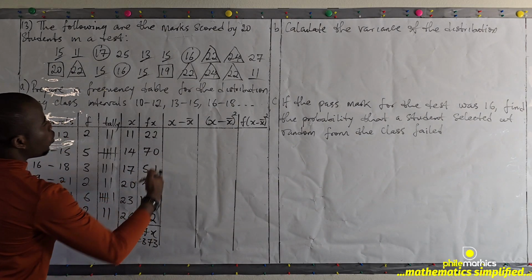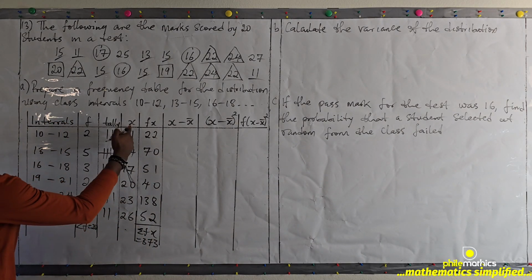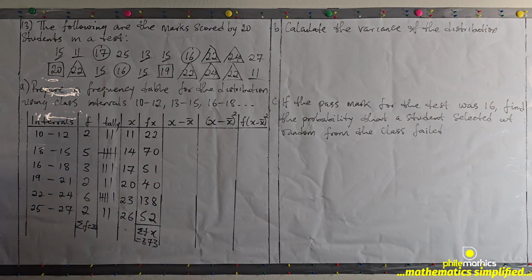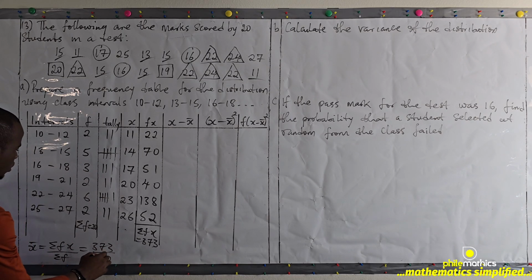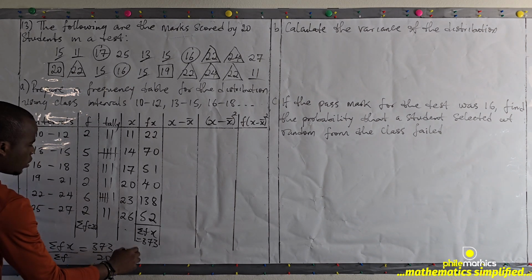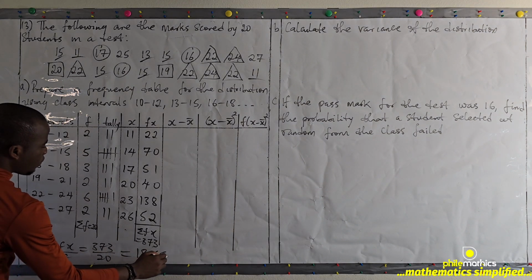Now let's look for the deviation from the mean. x minus x bar. How do we get x bar? How do we find the mean? The mean x bar is simply summation of fx over summation of f, which is 373 over 20. This is 18.65.